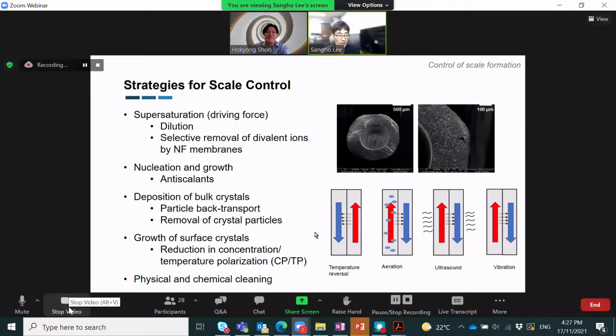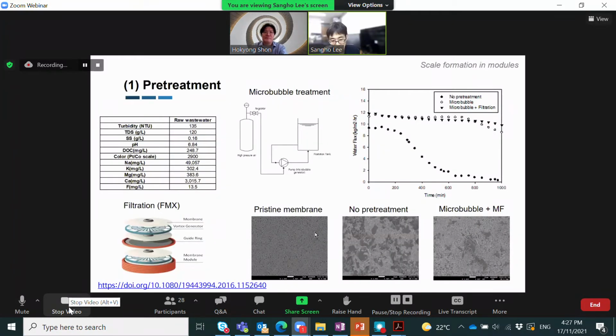As for the pre-treatment, we have applied several new pre-treatments, and in the case of wastewater treatment using membrane distillation membranes, when scale formation happens, we use the micro bubble treatment combined with the special filtration system, and we were able to prevent the flux decline very successfully.